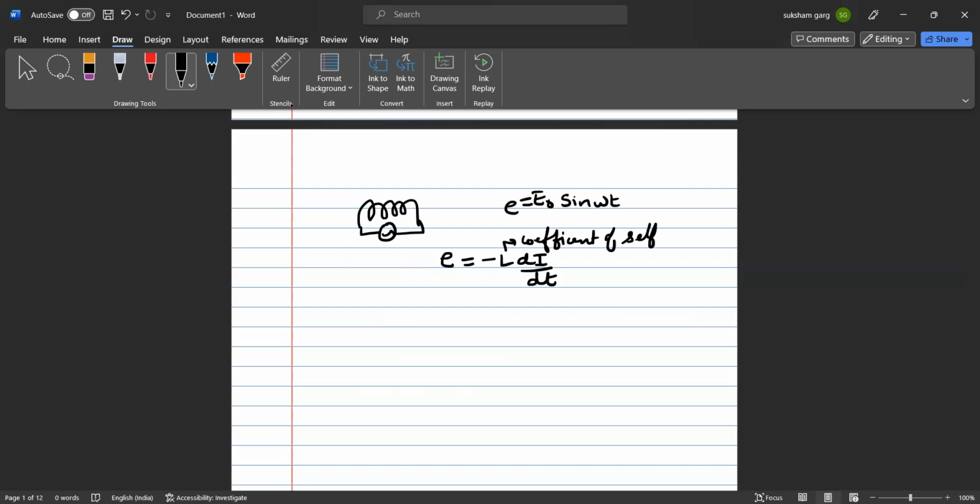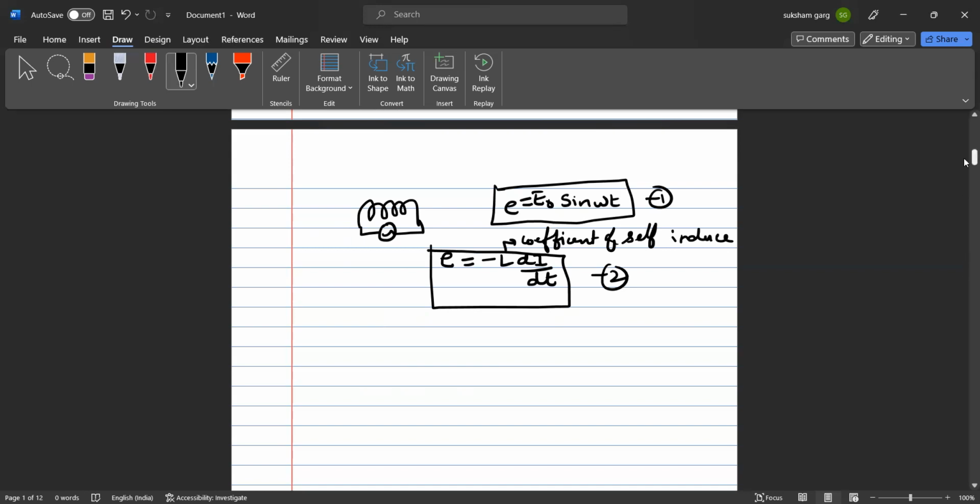And you should know that a coil will get self-induced. So instead of writing directly I is equal to E by R, I am supposed to now equate equation number 1 with equation number 2, and only then I'll be able to find the value of current.